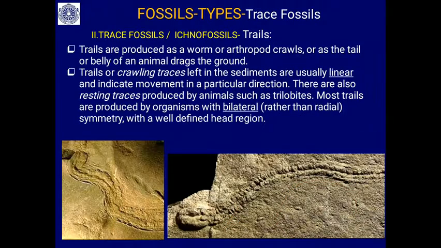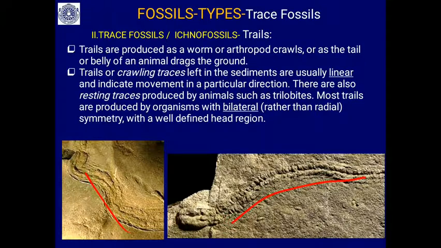Then the trails are produced by worms and arthropods. They crawl on the sediments, and you can see they get fossilized. The belly of the animal is dragged on the ground. So, you can see the crawling trails; this is the trail of the trilobite that moved. The trails of crawling are traces left in the sediment, usually linear, and indicate the movement in a particular direction.